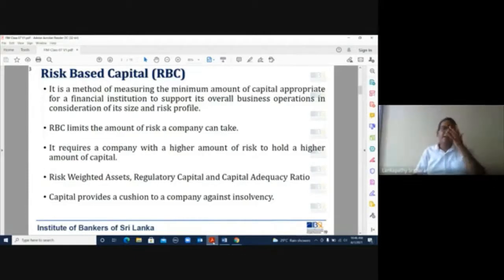For example, take one bank or finance institution which grants loans and advances only to high net worth customers or AAA customers, and the balance they just invest in government securities. Comparably, their risk level is very low because they are just lending to high net worth companies or corporates as well as government securities.